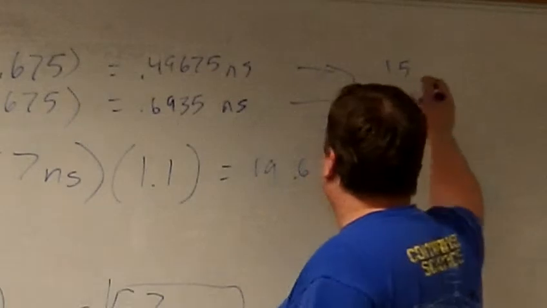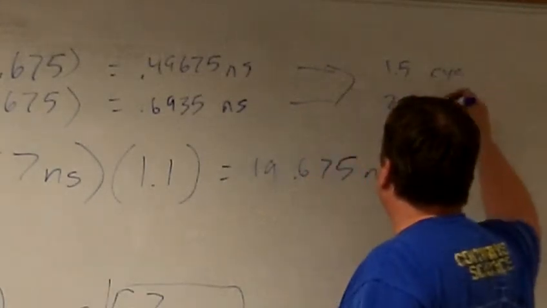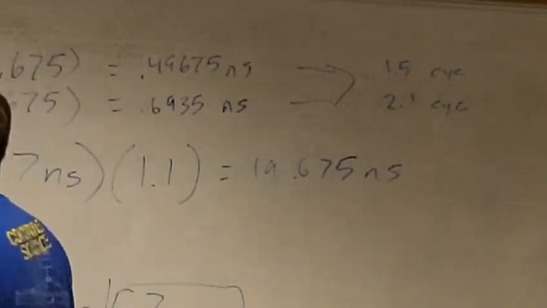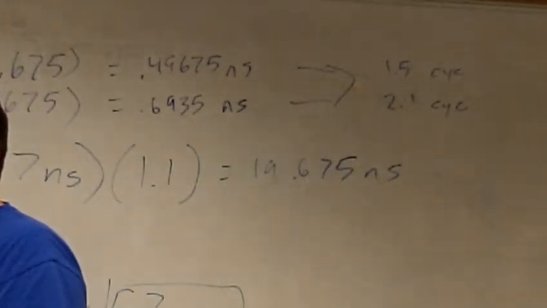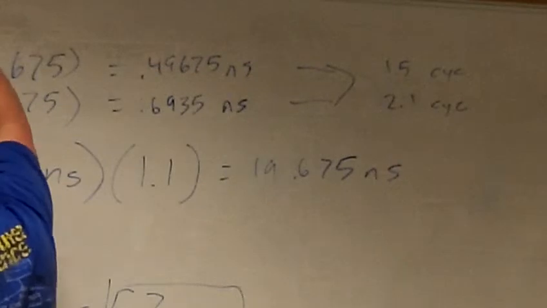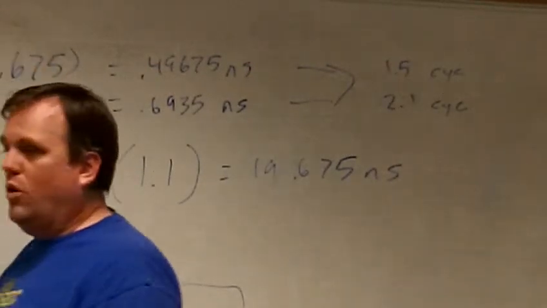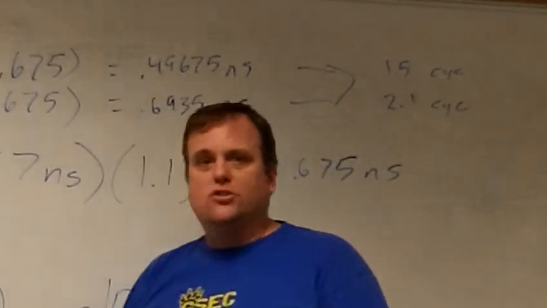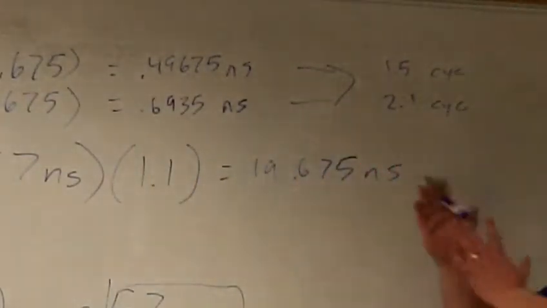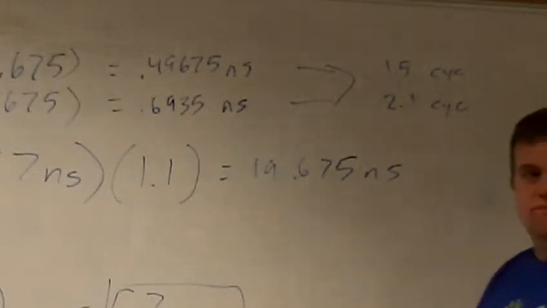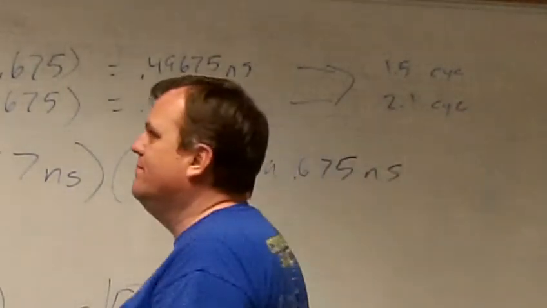Okay, so now I've got cycles. So now I can come in and say, how often does each one of these apply? Well, my CPI for my system is going to be an ideal 1, plus, how often do I encounter an instruction penalty? 0.25% of the time you do a load.